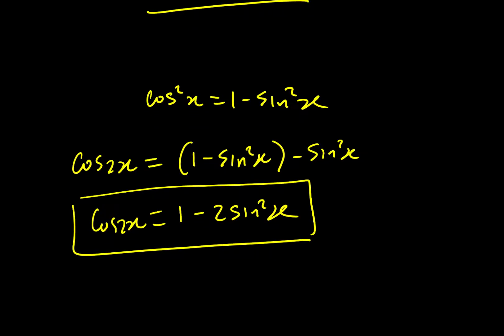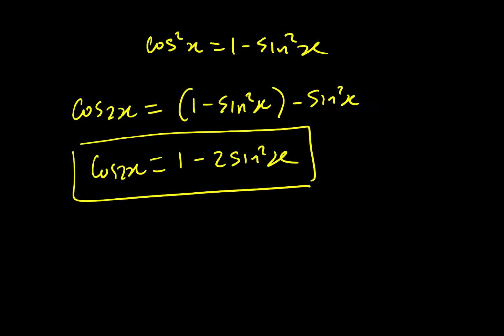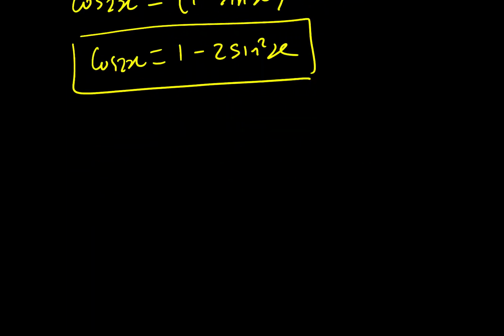Well, let me see. How about we do one more example that can actually make some sense? Example 3. Find sine 7 pi over 6. We need to calculate the value of sine 7 pi over 6.